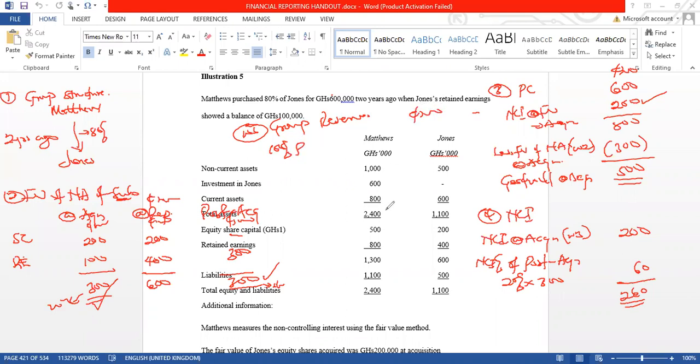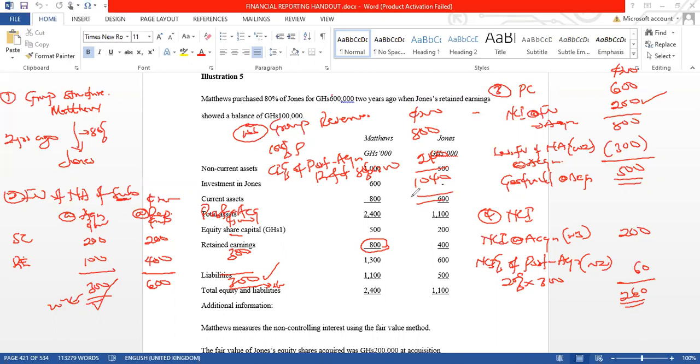How much was that? This is it. 800. All right, then you had what? NCI share of profit, which is coming from your workings too. All right, don't forget that. This one that we are sharing, profit, which is 80% times 300, which will give us 240. So you have 1040. There's no goodwill, there's no apps, nothing here.